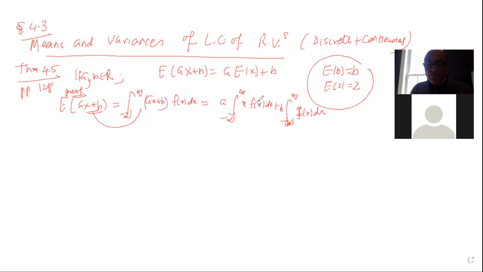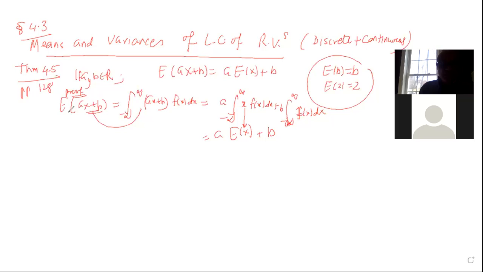The first integral is nothing but A times E of X, just by the definition of E of X. And the second integral is equal to 1, because the integral from negative infinity to infinity of f(x) is equal to 1. So that is equal to this one.